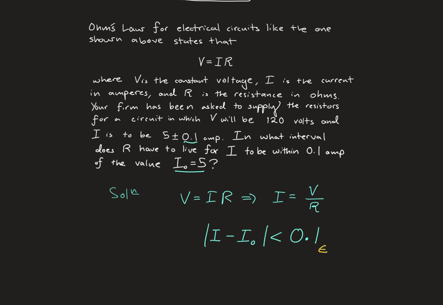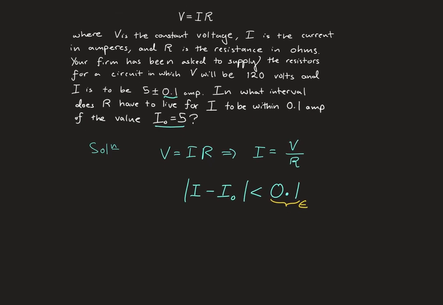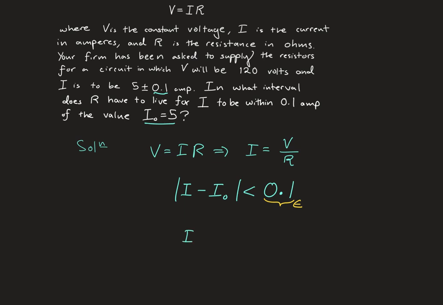I think I used yellow. All right. And we also know what I initial is. I could have just gone straight to that. So I cannot vary from 5 amperes by more than 0.1 amperes.